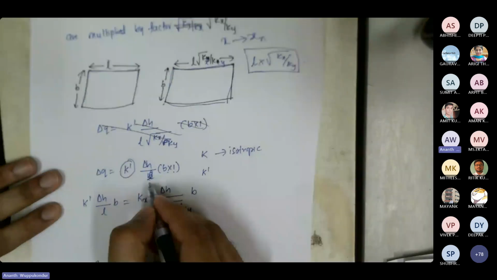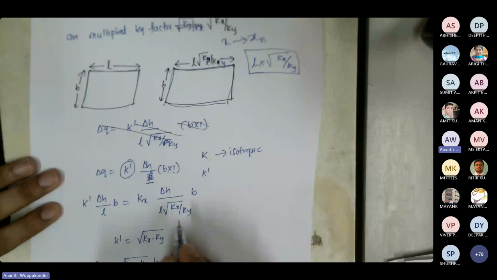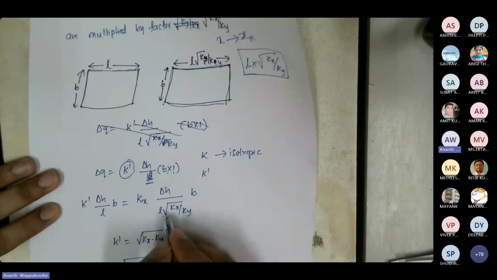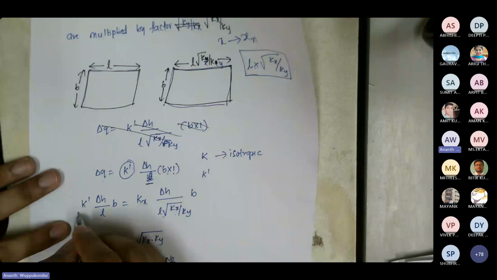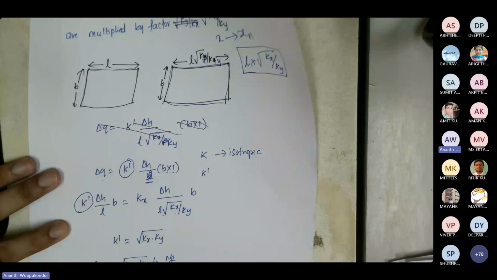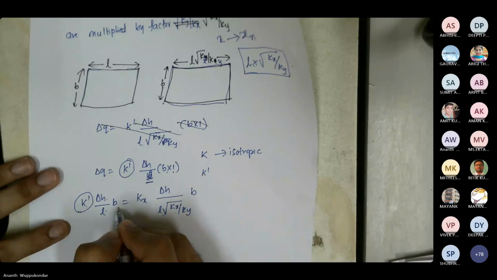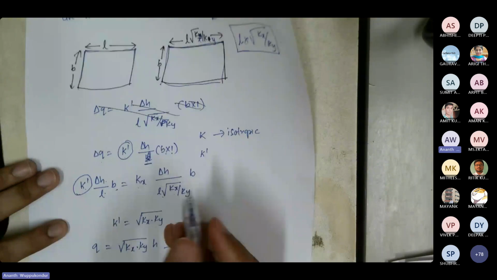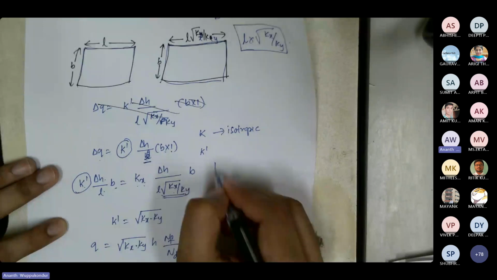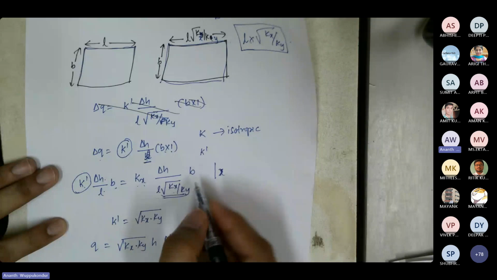Now the L is L times square root of kx by ky, and we have the new hydraulic conductivity for anisotropic soils, which is K prime multiplied by delta H by L times B equals Kx delta H by L. We are looking in the x direction, and the width B is going to be constant.